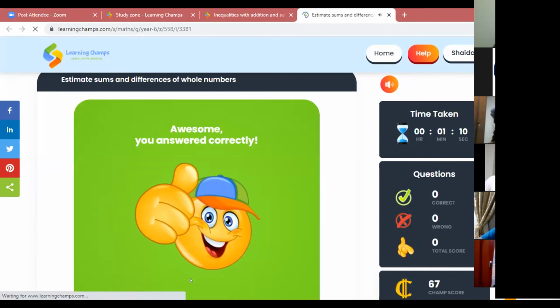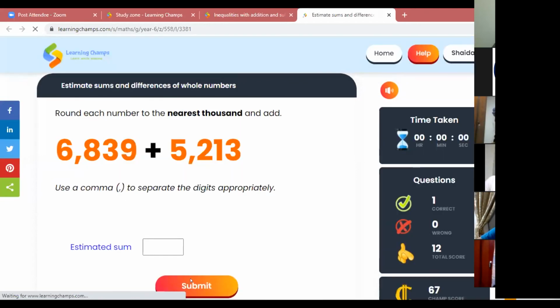So you got it? Shall we do one more? Who wants to answer it? Yes, Chetana. First tell me what is the nearest 1,000 in 6,839, if we round it to the nearest 1,000?